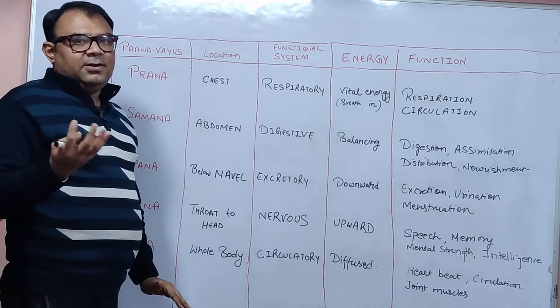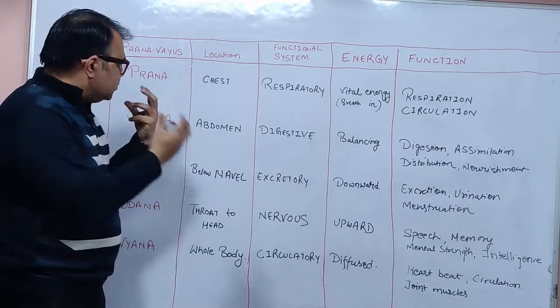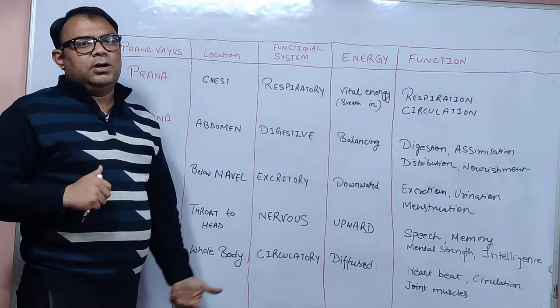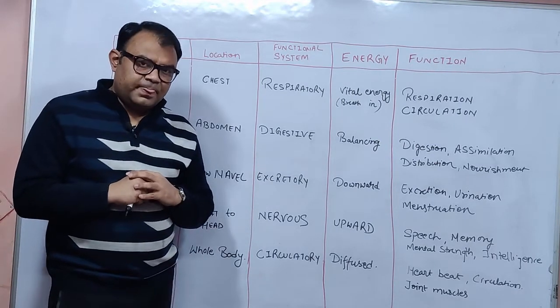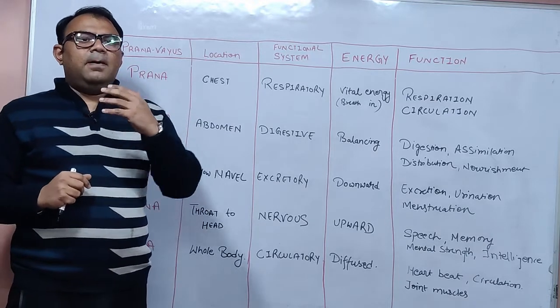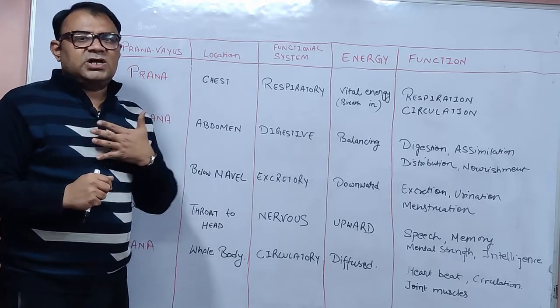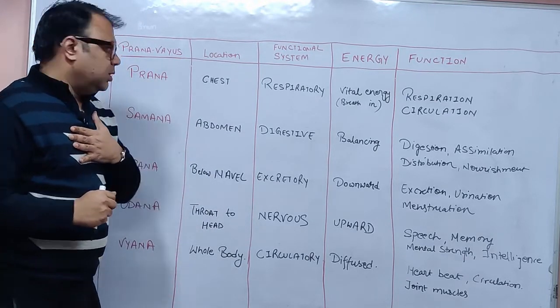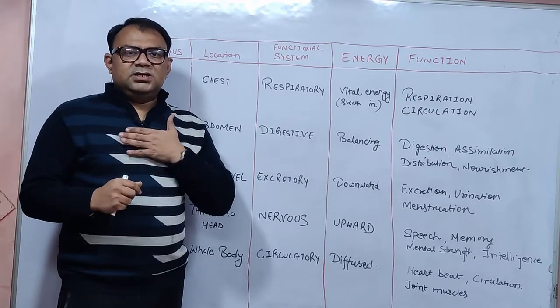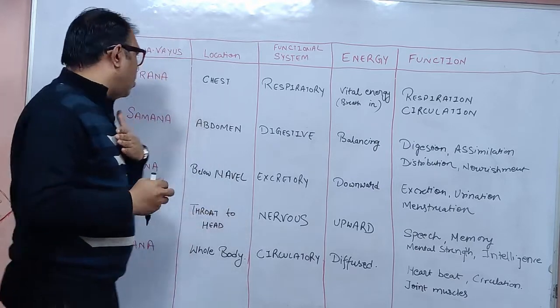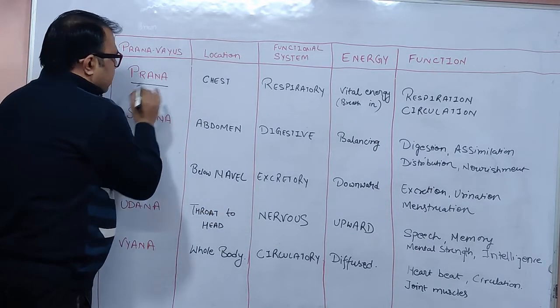You might feel confused because it might be hard to learn all these, but there is a concept by which you can remember them. As you breathe in, we'll start from the chest region. Whenever the prana vayu is in the chest region, it is called prana.